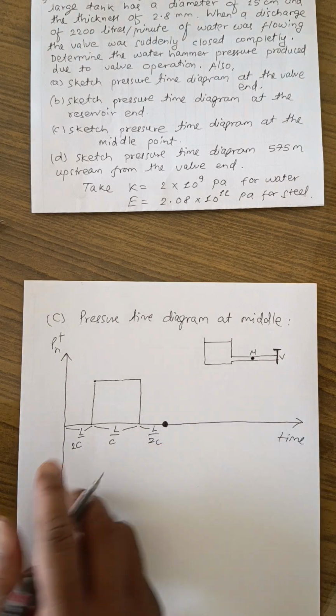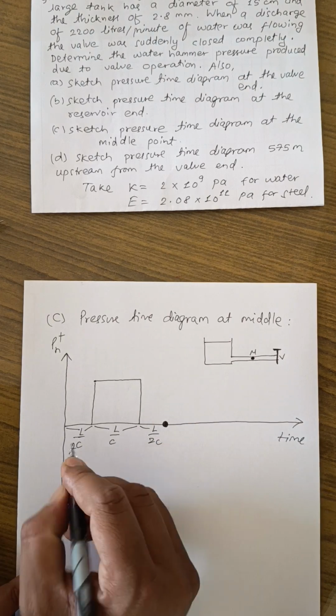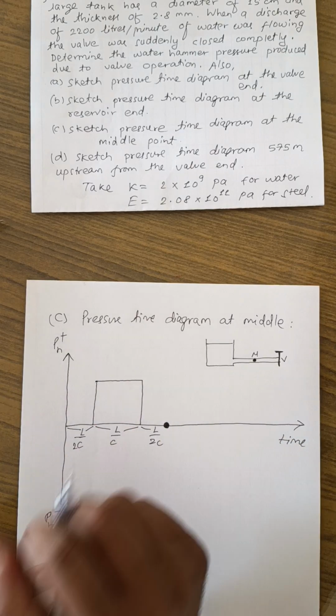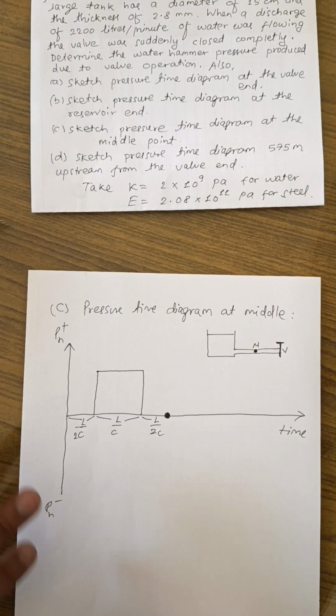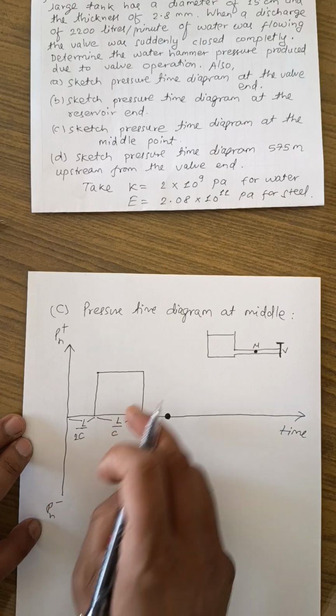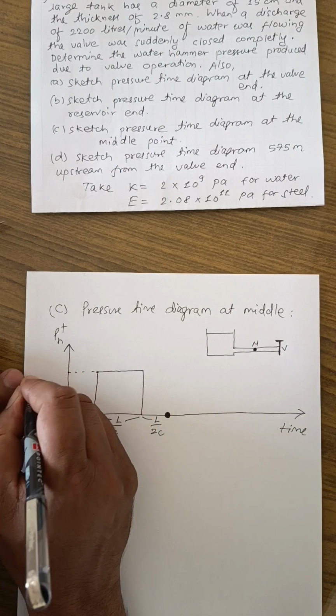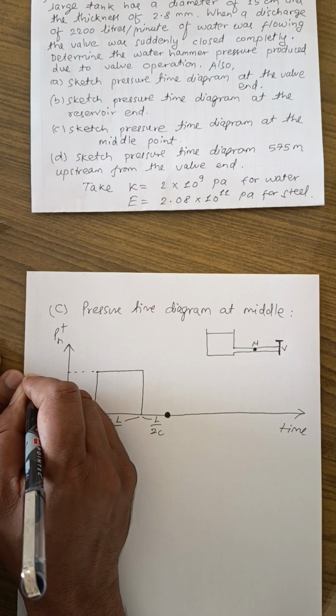So this is the first cycle. If you add up L by 2C, L by C and L by 2C, you get one complete positive cycle, and that positive cycle is called elastic compression. At this point there is a positive pressure, which is going to be the maximum pressure. We are not considering the damped pressure.